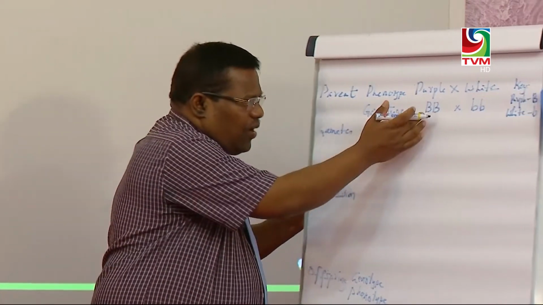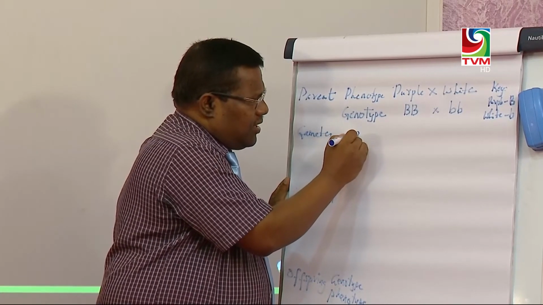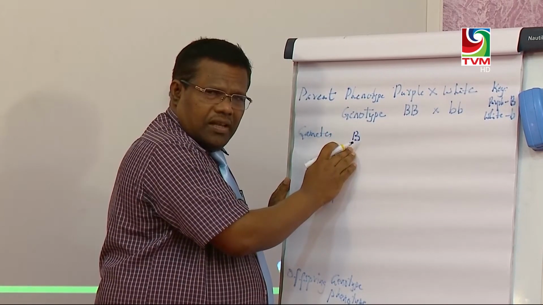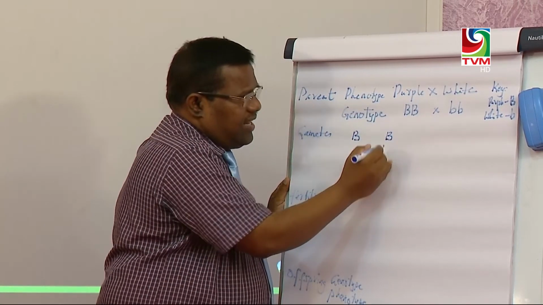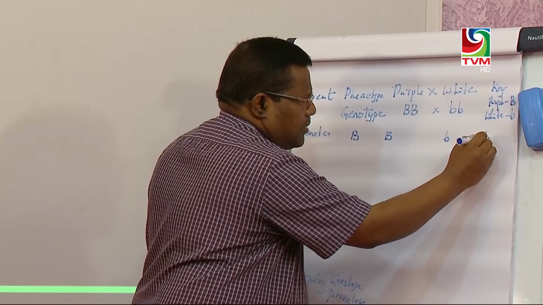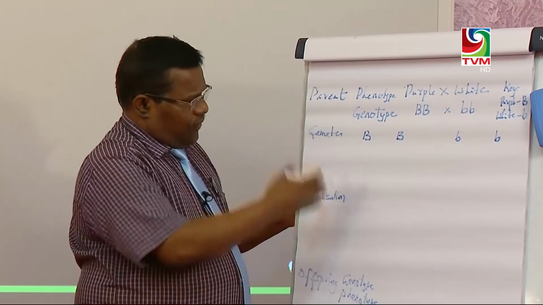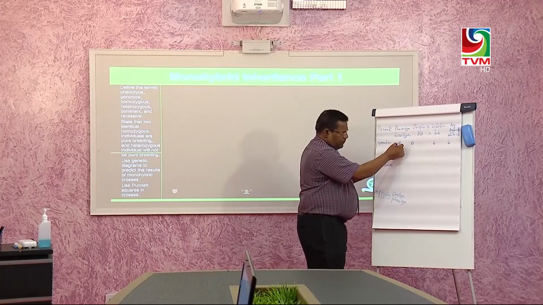That means only one of this will be found in a gamete. So some gametes will be with this allele, others with this allele. Likewise in this plant. And then the fertilization process where you are joining them.